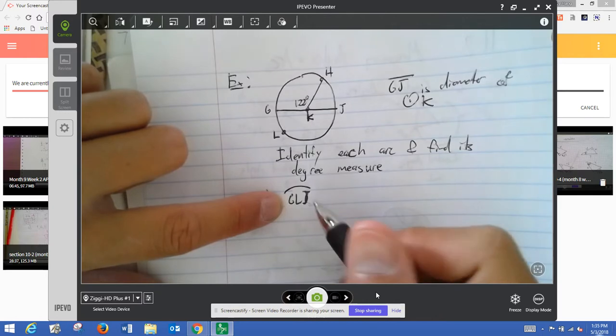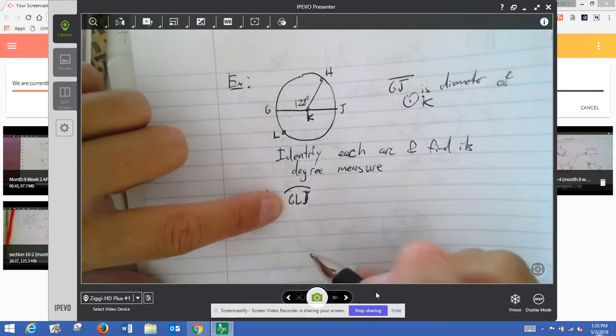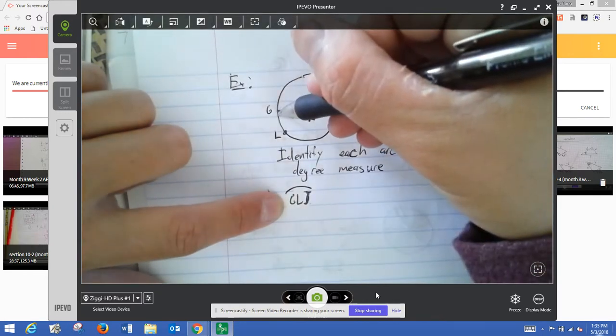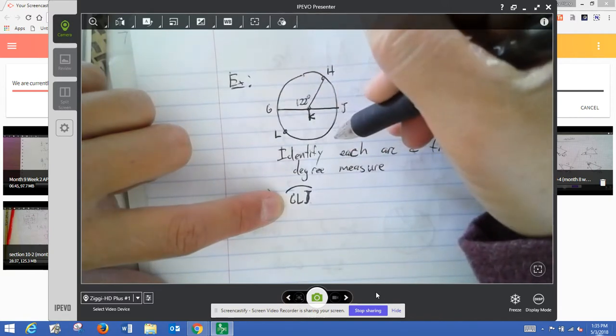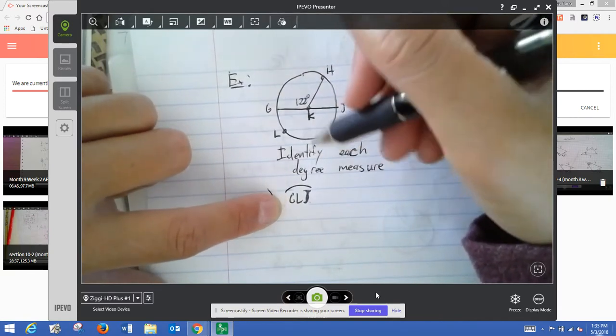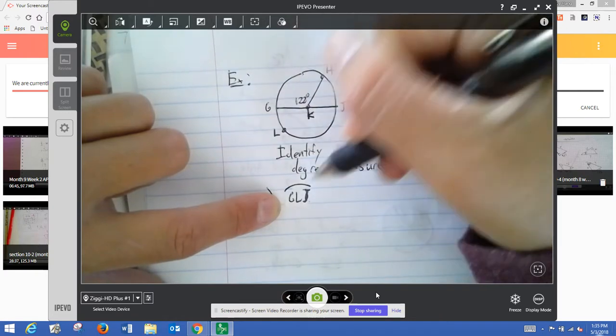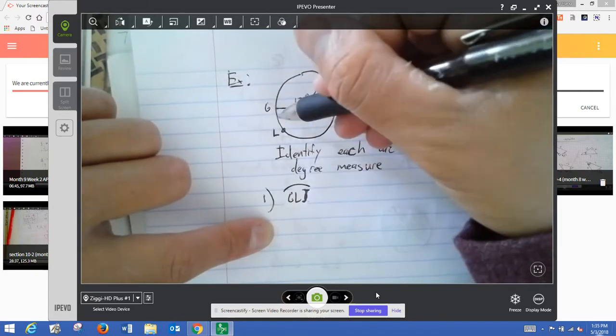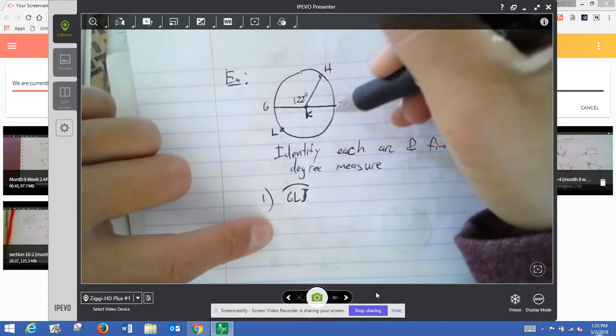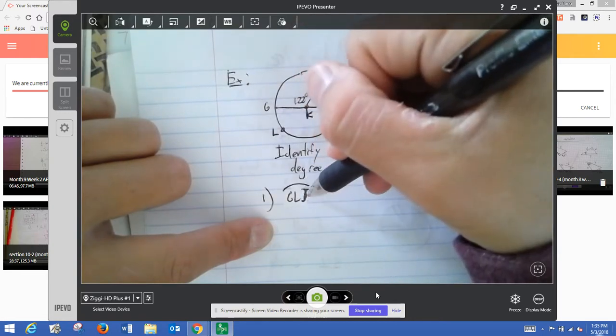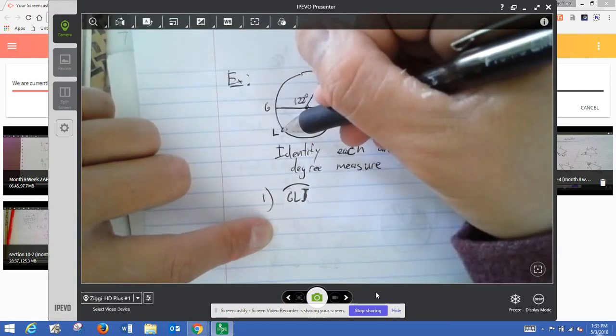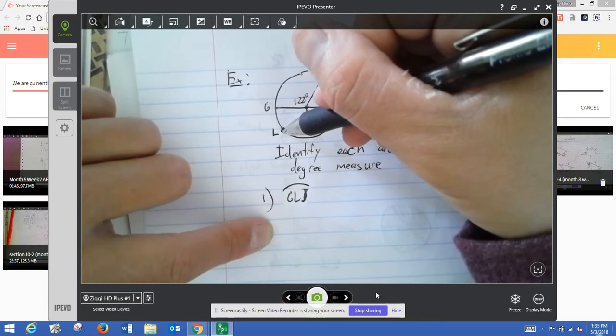Why don't I just write that as GJ? Because then that means that's the diameter. Well, it is the diameter. But I want the arc GLJ. How come I didn't write GL? Does anybody see the significance?